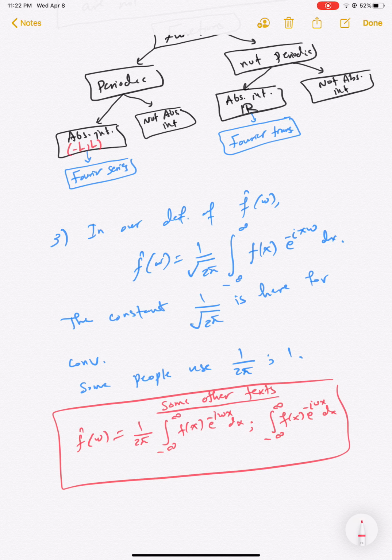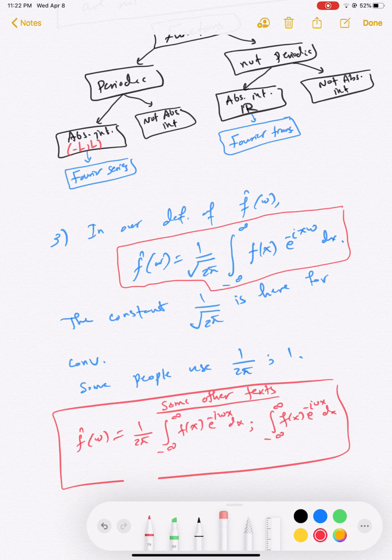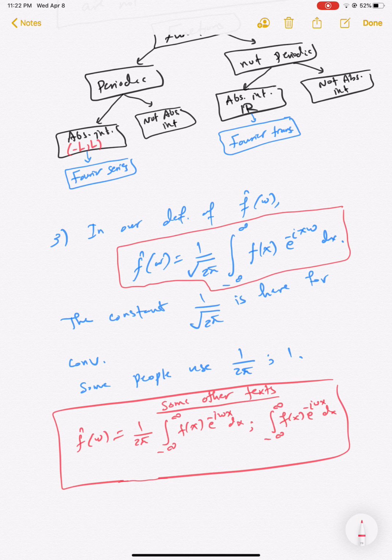The main concept is still the same. The theory is still the same. The only difference is in what's built on these formulas. If you use the formula with the root, like the one I will use, like our textbook, Kreyszig, then you have a certain form of the consequent formulas. If you use the one with 1 over 2 pi, you will see another form of the consequent formulas. Very similar forms, but you will see differences in the constants.